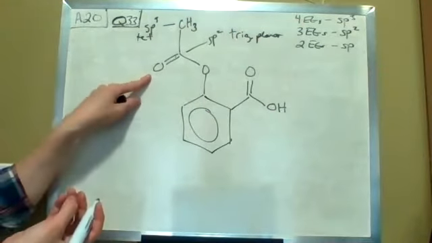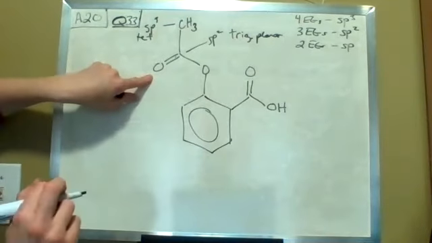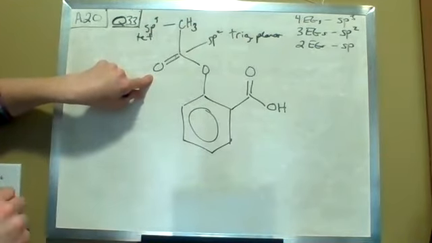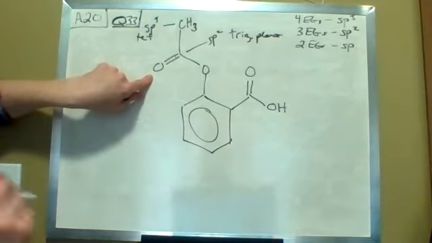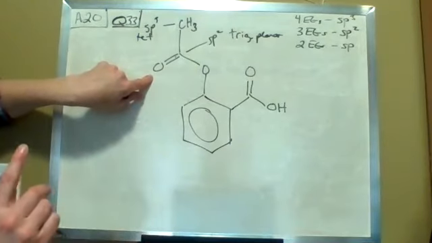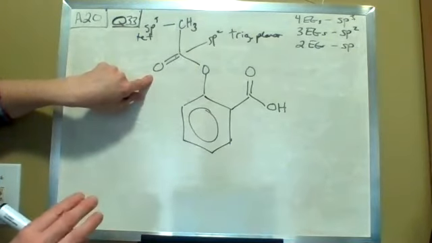This oxygen wants to have 2 bonds to something. And if we think back to Lewis dot diagrams in first semester, to have a neutral oxygen atom, you'll generally have 2 bonds and 2 lone pairs.